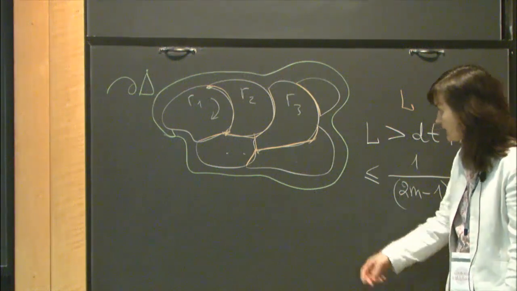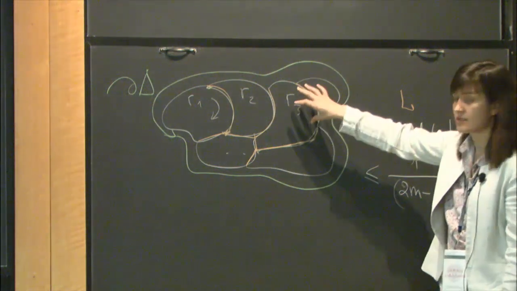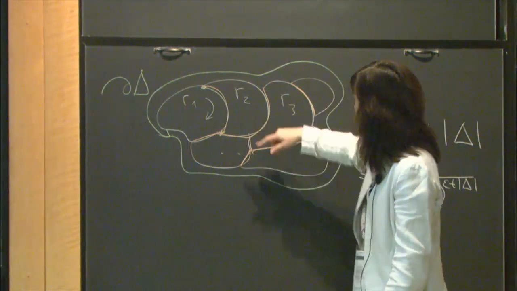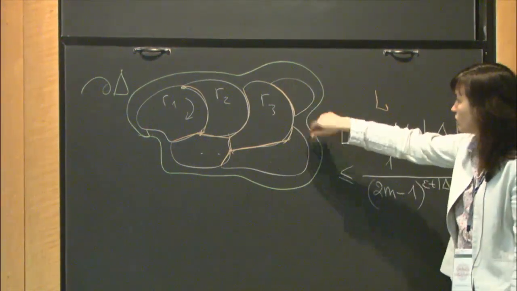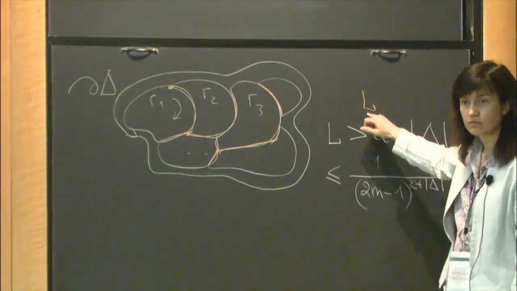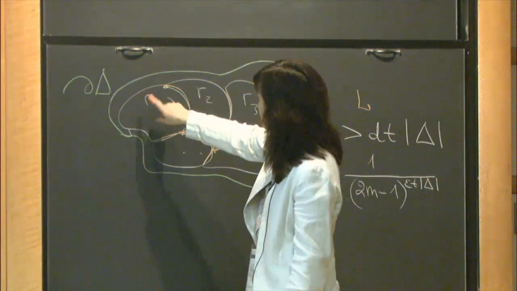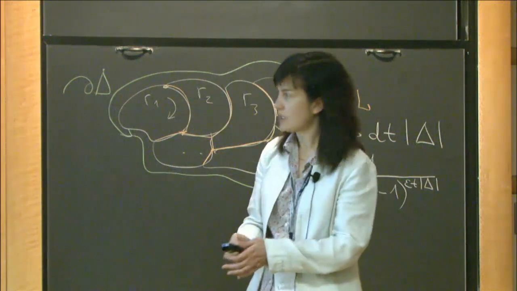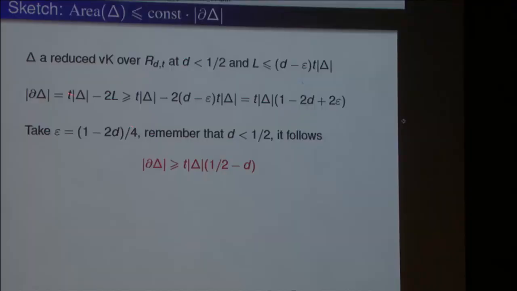And it is very easy. I know that each relator has length t, right? And I know the internal common length is L. So if I count, each relator has length t, so I counted t times the number of relators.